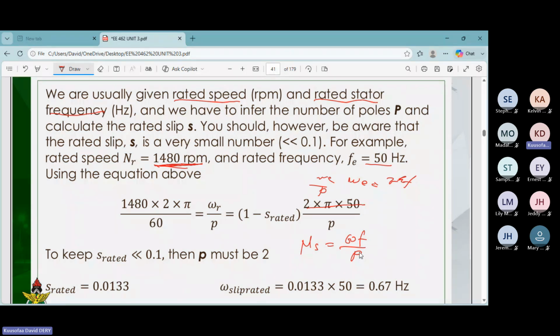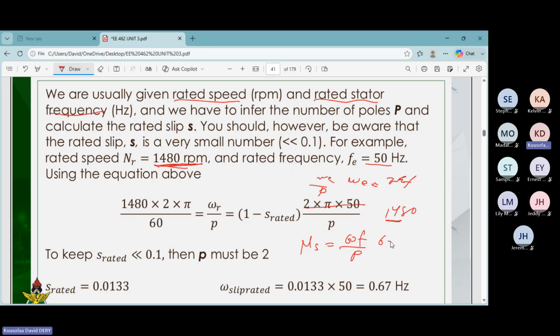This is the trick. Usually the rated speed and the synchronous speed are not far from each other, they are very close. So for the particular speed that we are given, we know that it's 1480. So what value of p will give us a synchronous speed that is close to this value?